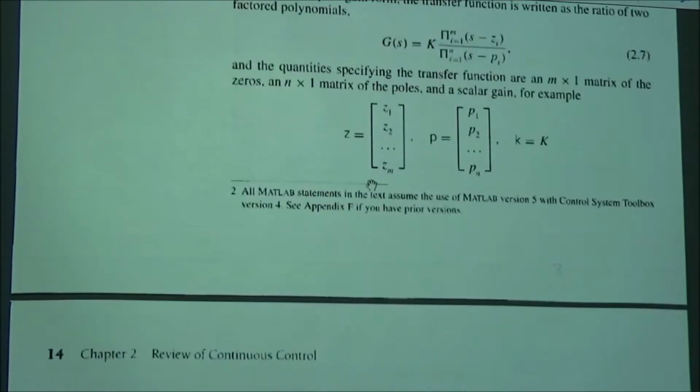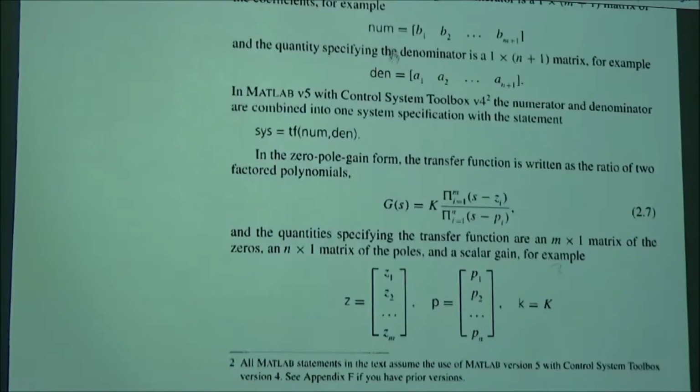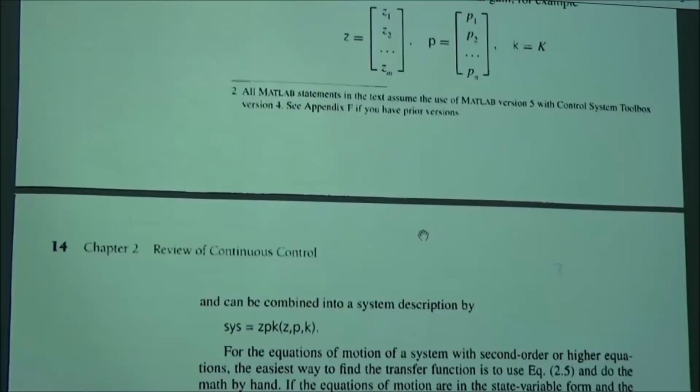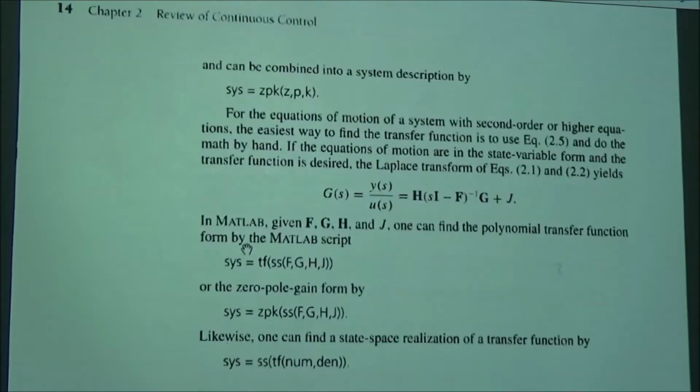If you only have zeros and poles available in this fashion, you don't have a numerical polynomial approach. You only have the location of zeros and poles. MATLAB will allow you to do that also. The answer would be the same.